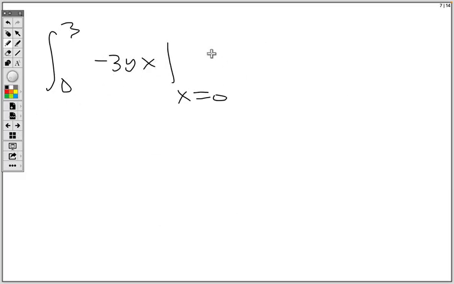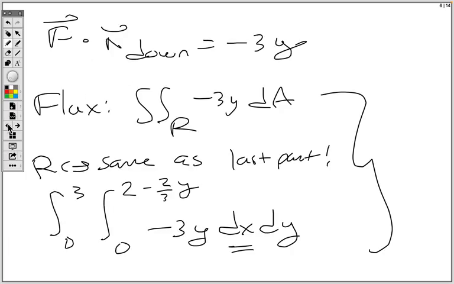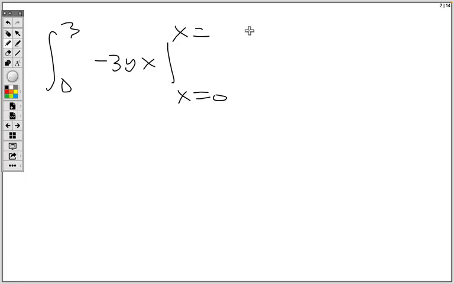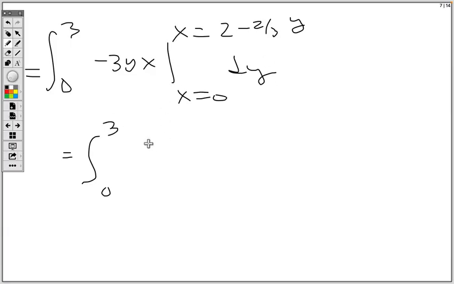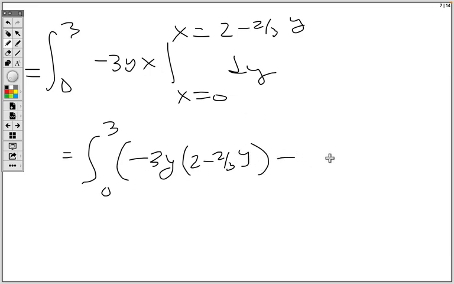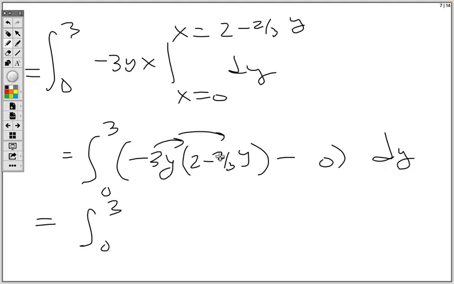This is from x equals 0 to x equals 2 minus 2/3 y, dy. We toss in the top: minus 3y times 2 minus 2/3 y, minus plugging in 0 gives you 0. Integrating 0 to 3. Distribute.